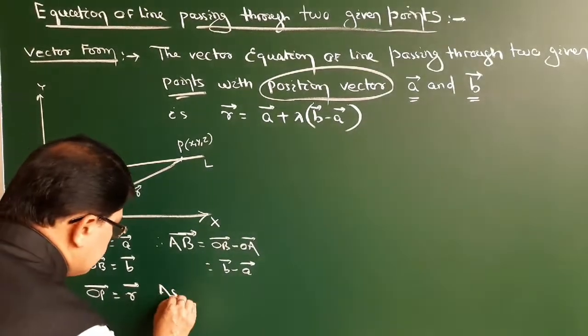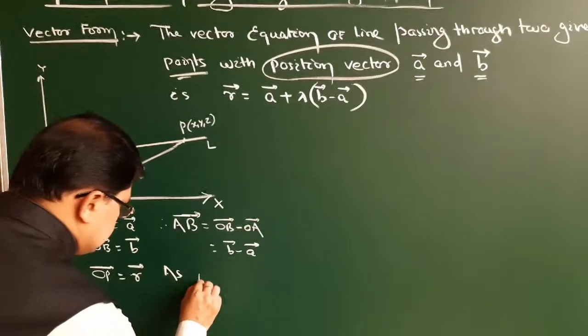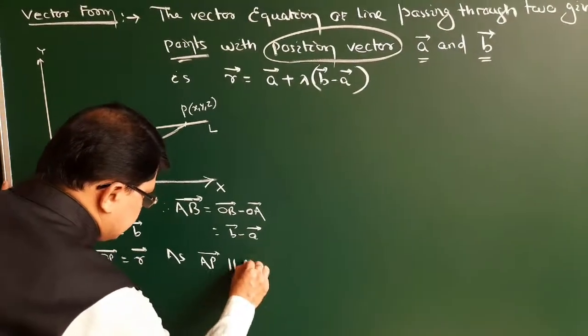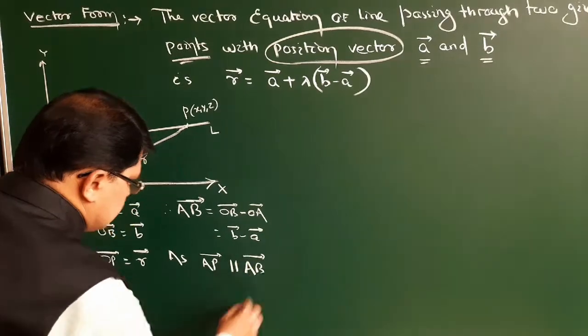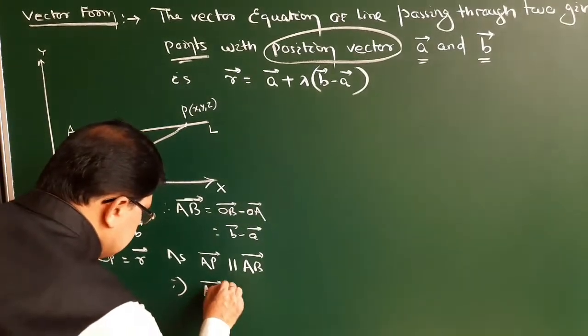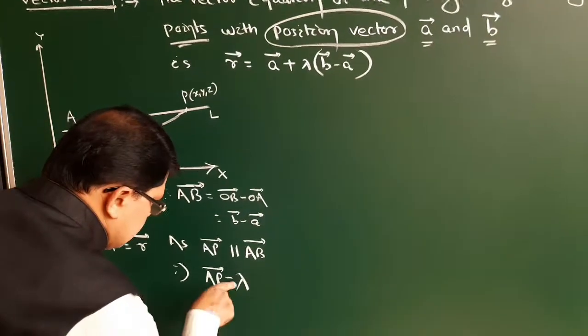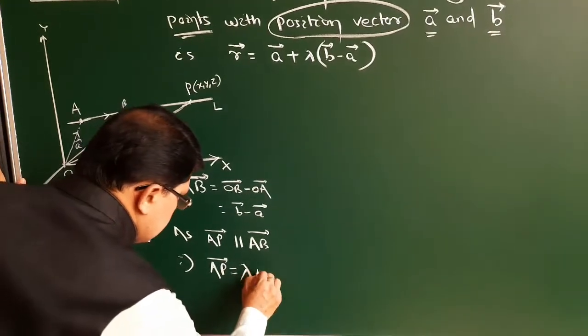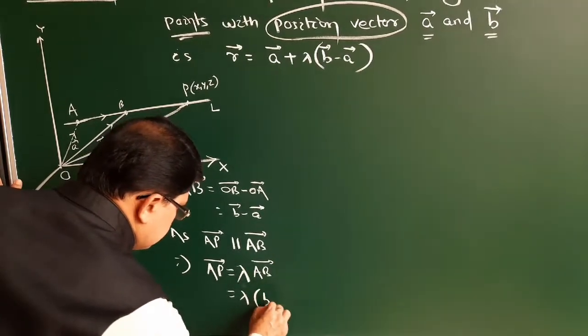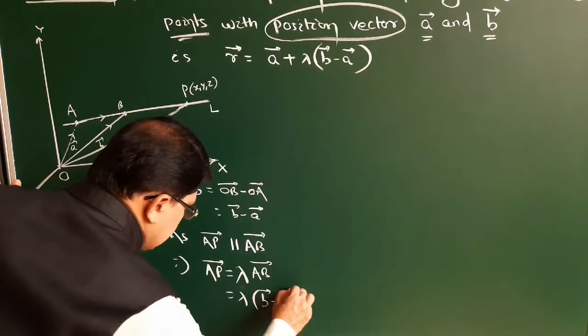As AP vector is parallel to AB vector, both lie on the same line, so AP vector is equal to any scalar into AB vector. This is lambda into B vector minus A vector.